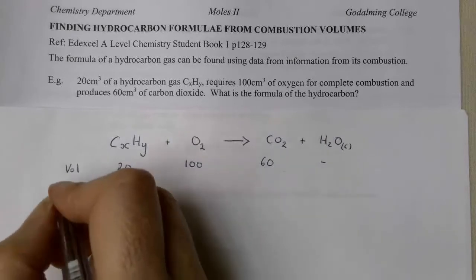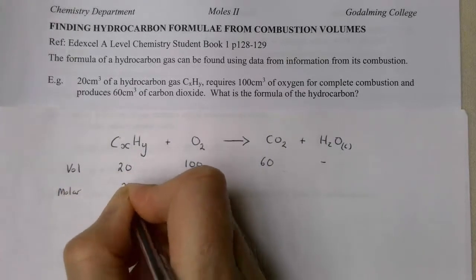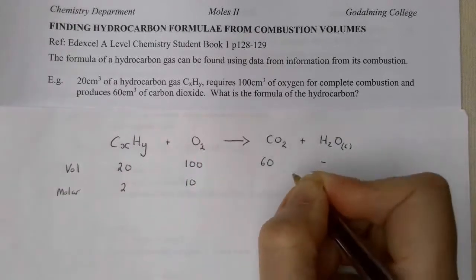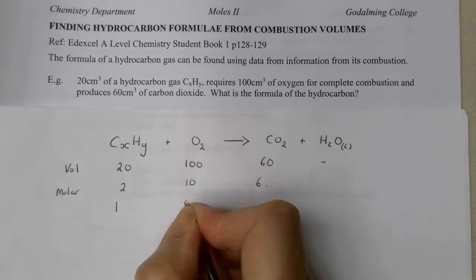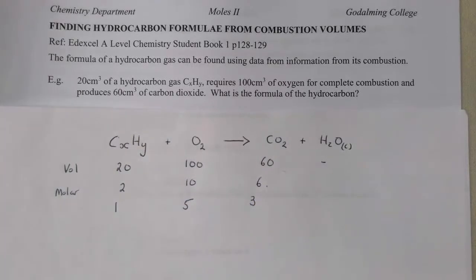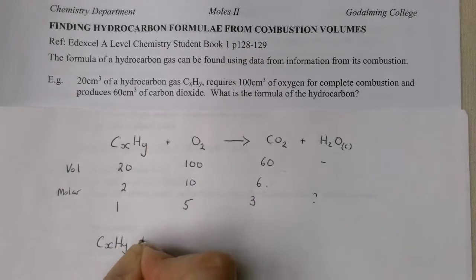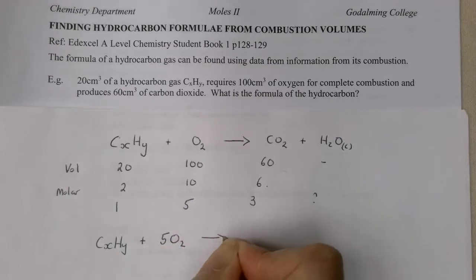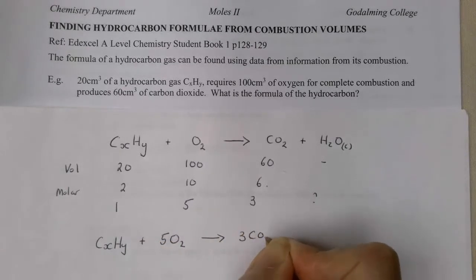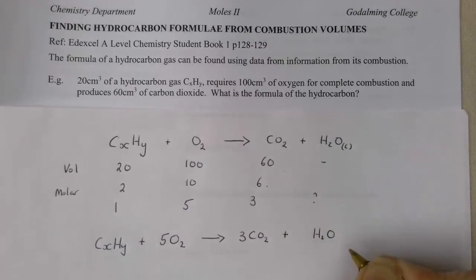So I know the molar ratio is 2 to 10 to 6 or 1 to 5 to 3 to something. So I know I've got 1 CxHy, and I know it burns in 5 moles of oxygen, and it produces 3 moles of carbon dioxide, and it also produces some water.